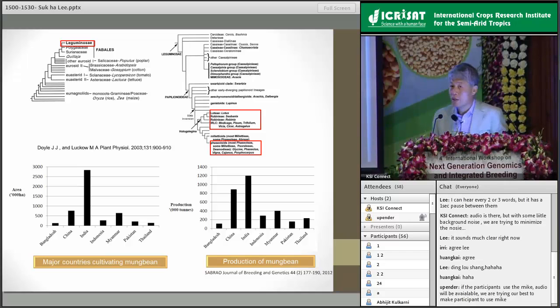However, the national yield for India is less than 0.5 metric tons per hectare. So maybe future breeding programs for mungbean should be directed to increasing seed yield.